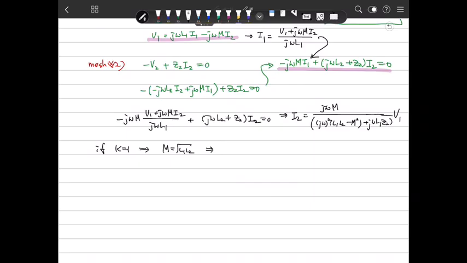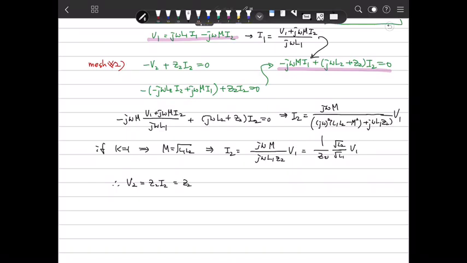Then I2 will be simply calculated as jωM V1 over jωL1 G2. And therefore, V2 equals G2 I2.